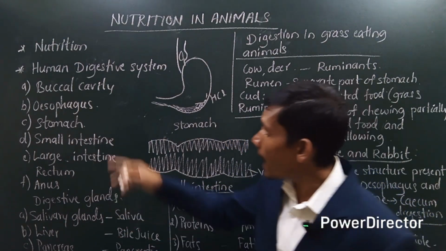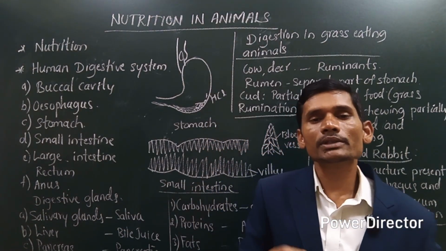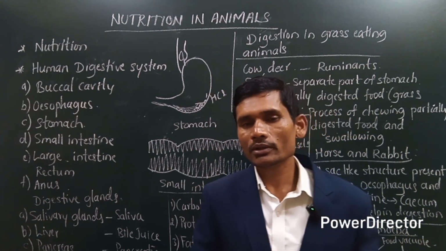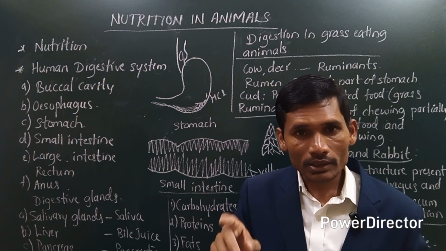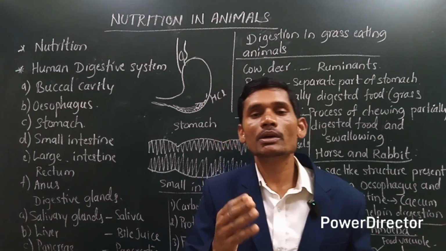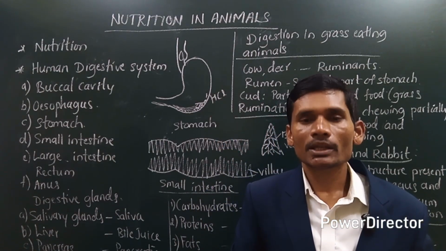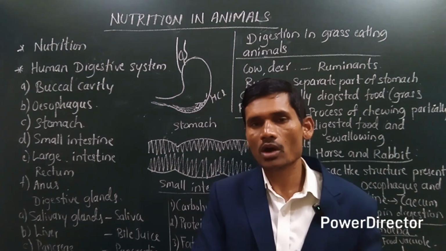This alimentary canal and the associated glands, the liver, pancreas and salivary glands, together make the human digestive system. If you say the digestive system is only these parts, that is wrong.